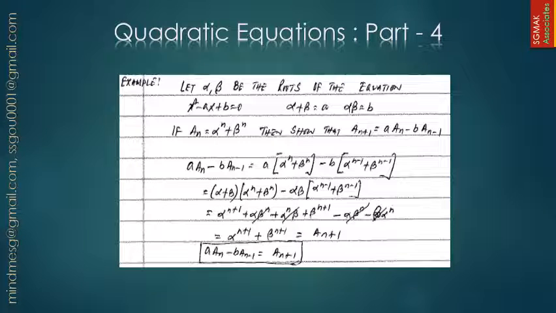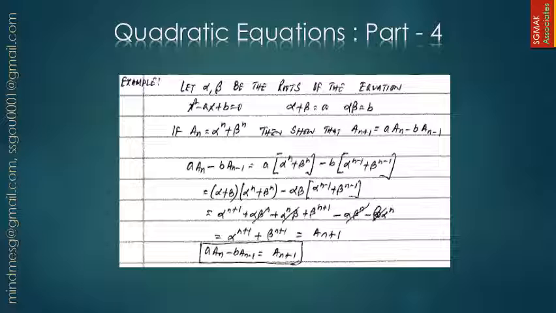So what we do, we take the right hand side, a times a_n minus b times a_(n-1). We substitute for a_n. So when you get a_(n-1), you replace n with n minus 1. And you do simplification, and that comes out to be alpha raised to the power n plus 1 and beta raised to the power n plus 1.